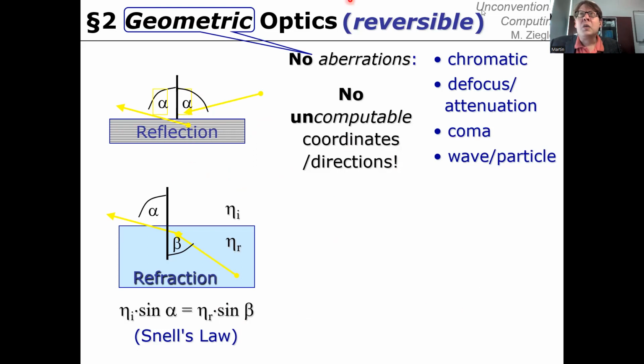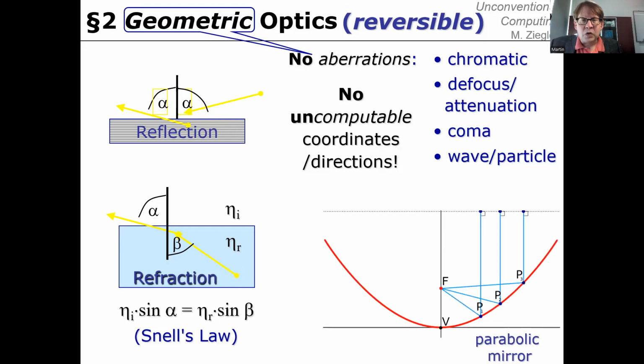Okay, so what's the essence of a parabolic mirror? Well, the surface of a parabolic mirror is not planar, but it has the shape of a parabola. So here is a parabolic mirror, a mirror whose surface has the shape of a parabola.